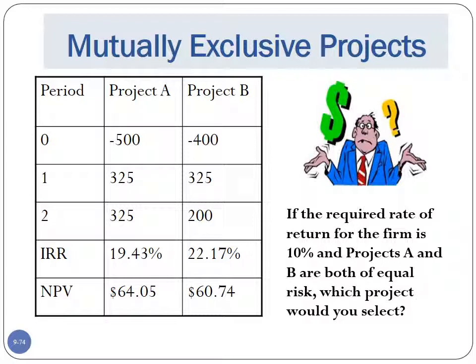If both projects are of equal risk, which project would you select? Then the question becomes, what are the changes required in terms of capital structure and dividend policy and other impacts on different parts of the organization in order to undertake those projects, because the financial analysis is inconclusive.